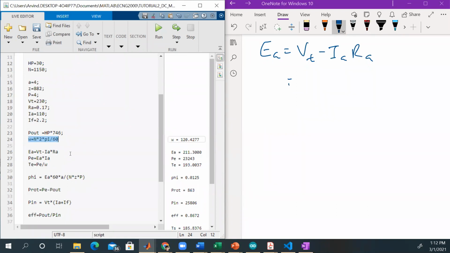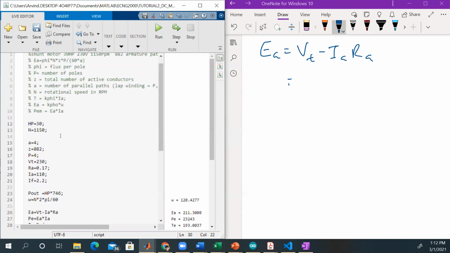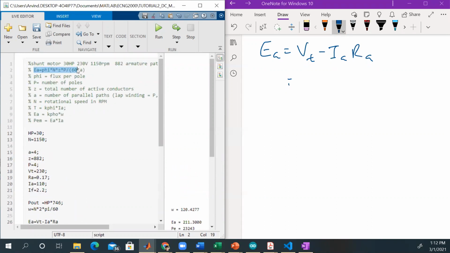Good. The next thing we want to get is the flux per pole. So for the flux per pole, we're going to use this equation here, which is EA is equal to phi NZP over 60A, right? Where we have all of these things here, number of poles. So we have the number of poles, I believe, 4 poles. Number of active conductors is 882.